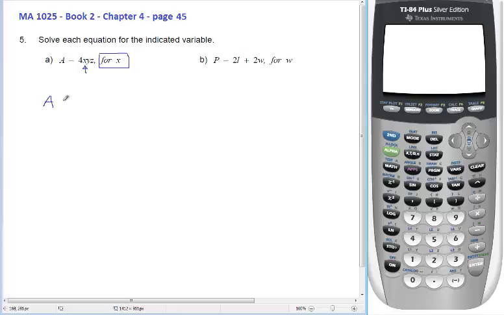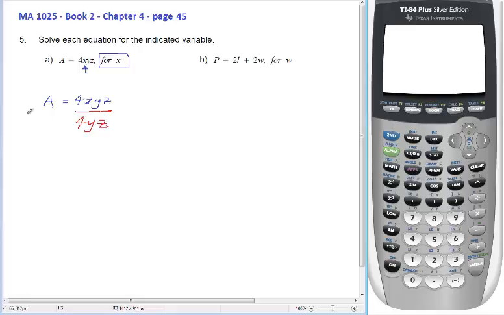So this can be done in one simple step. See, we have nothing else to move over first, right? Because you must move anything that's added or subtracted to the term you're trying to isolate, or the variable. So all we need to do in this very first step is divide each side by what you want to get rid of. So I need to get rid of the 4, the y, and the z.